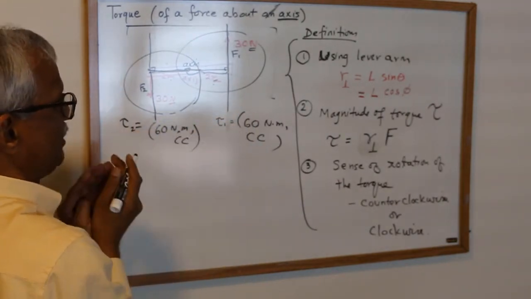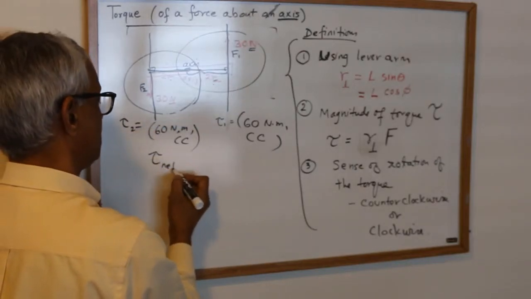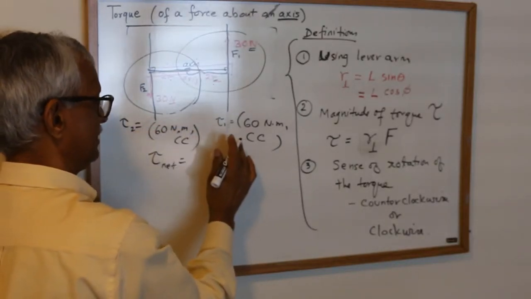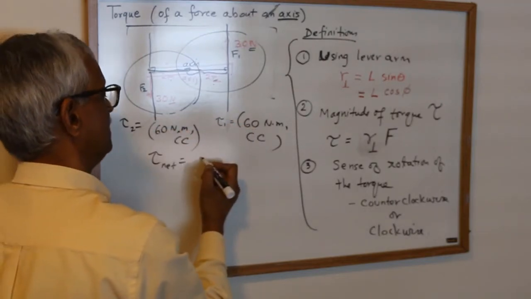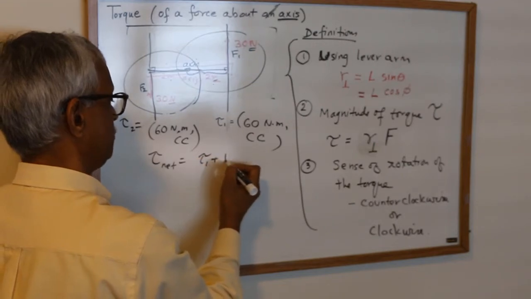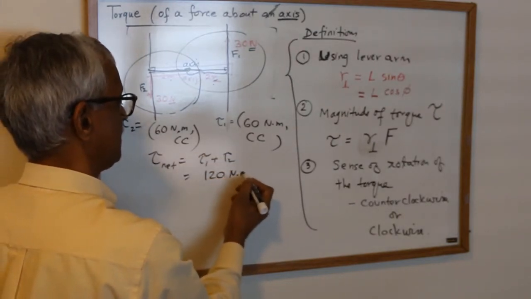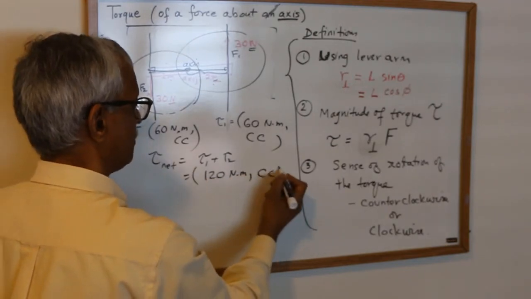Both are counterclockwise, right? So the net torque will just add the magnitudes. Tau 1 plus tau 2 is 120 Newton meter, and it will have sense counterclockwise.